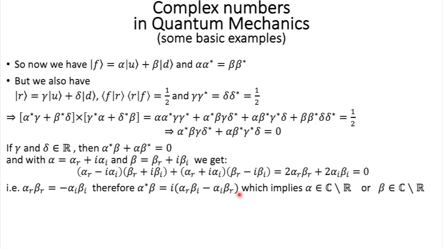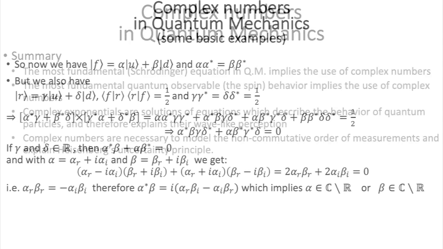And that implies that either alpha is a pure imaginary number, therefore a complex number, or beta is, and maybe both. So the conclusion is, you can't escape imaginary parts, and so you need complex numbers to define spin.